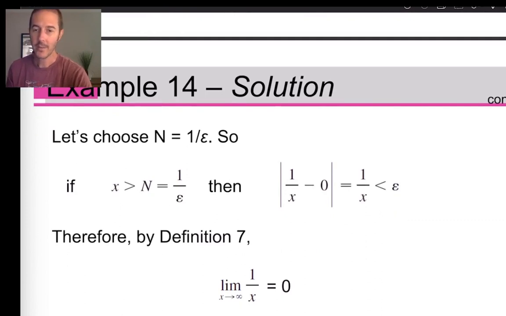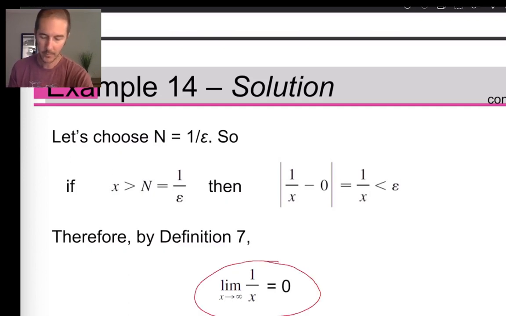So if you were asked to prove this statement, you can prove it by demonstrating your ability to find an n value such that no matter how small we make epsilon, if epsilon is small, what's 1 over epsilon?